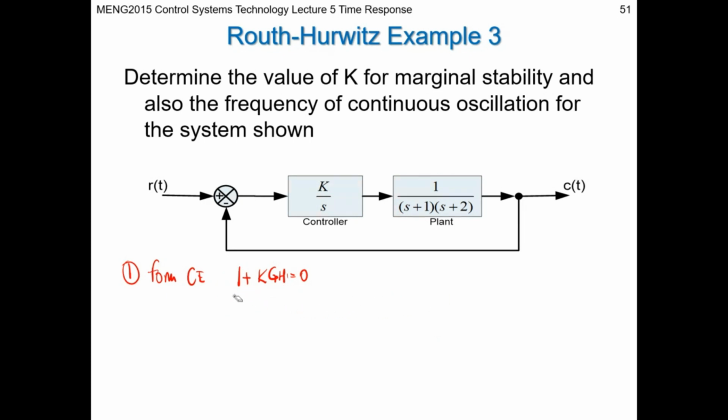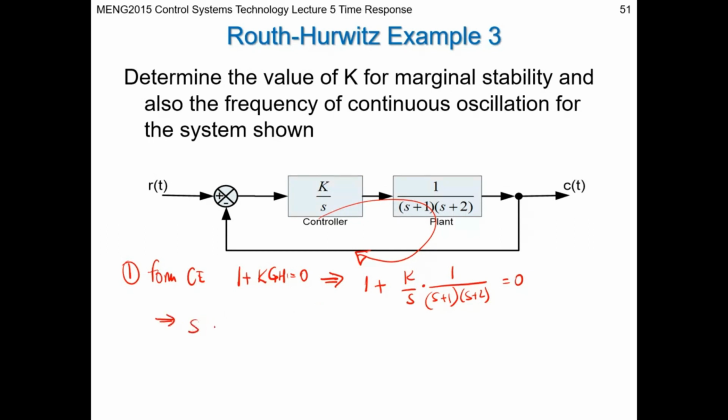Which is 1 plus open loop. So for this system, this is our open loop here. So we're saying 1 plus our open loop equals 0. And we can multiply this out.